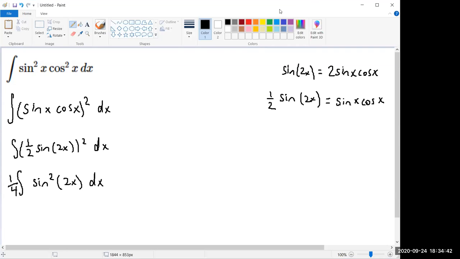So it doesn't really make it simpler. One tip is that whenever you have a trig function that's squared, consider using the power reducing trig identities, because those help you get rid of the powers. So I think there was one. Does anyone remember the power reducing ones? All right, let me look at it.